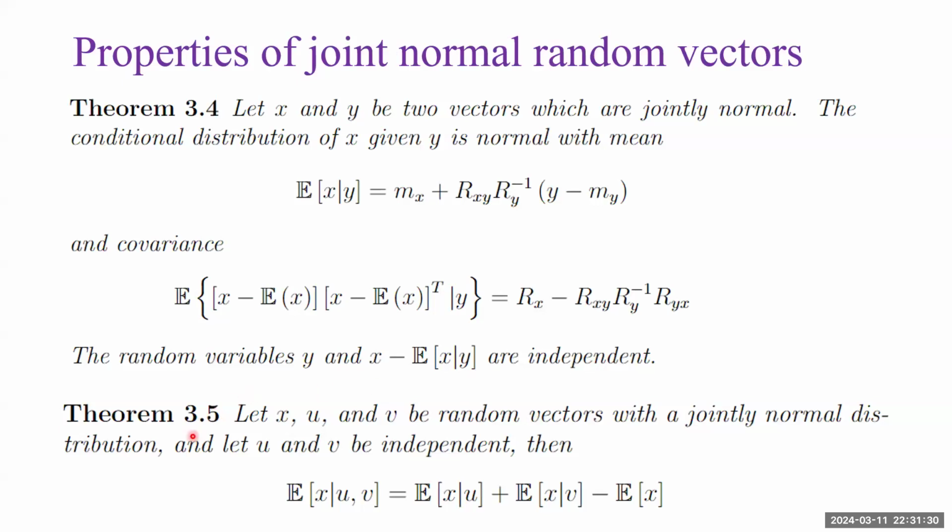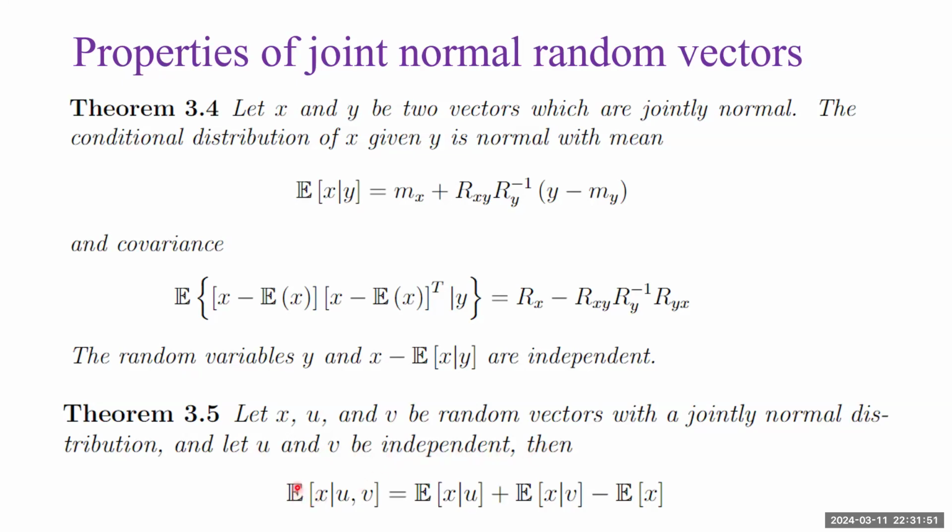The last theorem, theorem 3.5, is stated like this. Let x, u, and v be random vectors with a jointly normal distribution, or jointly Gaussian distribution, and let u and v be independent.